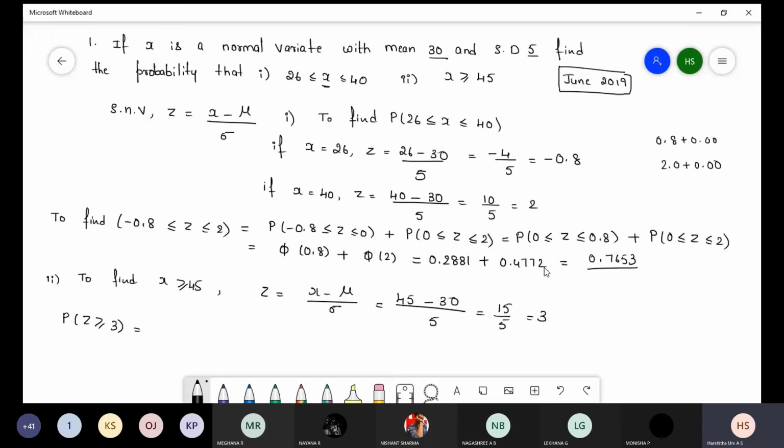So we have the formula P of Z greater than or equal to 0 minus P of 0 less than or equal to Z less than or equal to 3. For P of Z greater than or equal to 0, we have the standard value, that is 0.5 minus phi of 3. So 0.5 minus 0.4987.